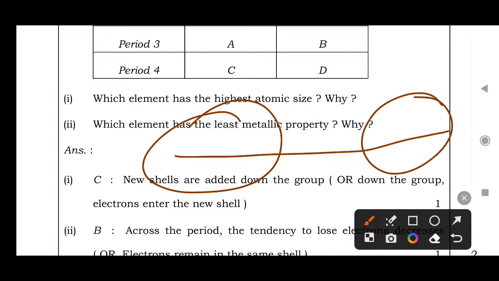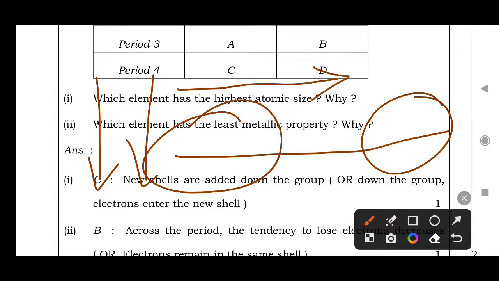Whenever we come down the group, the metallic property increases. Whenever we move across the period from left to right, the metallic property decreases. Down the group increases, left to right decreases. That's why here the answer is B.